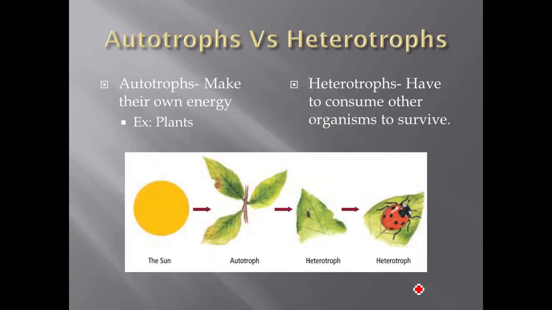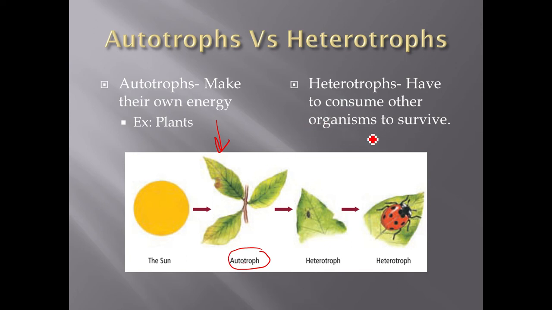So, now that we have an idea of the laws of thermodynamics, let's go ahead and go into some of the ideas around autotrophs and heterotrophs. Now, an autotroph is just an organism that makes their own energy. In this case here, that'll be a plant. Plants are autotrophs. They take energy from the sun and they convert that energy into food that they use to survive.